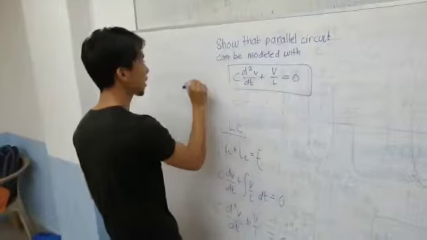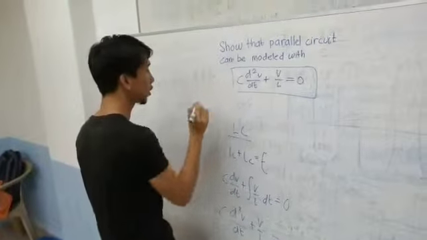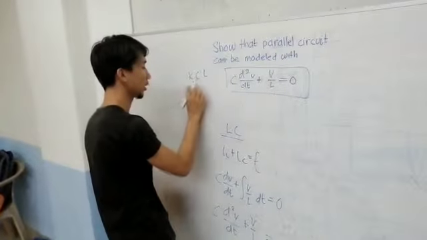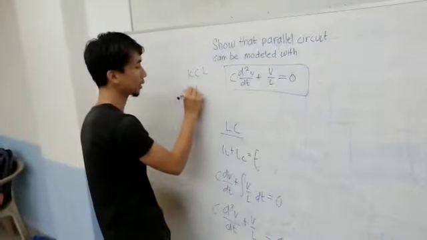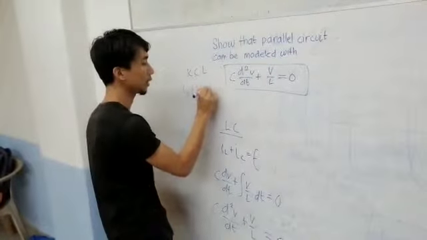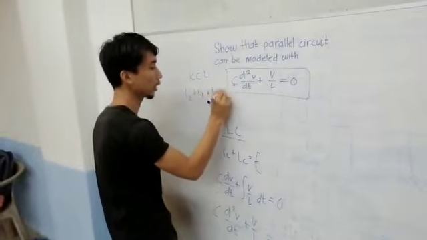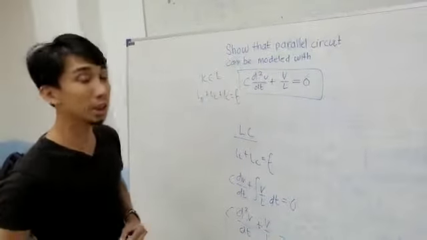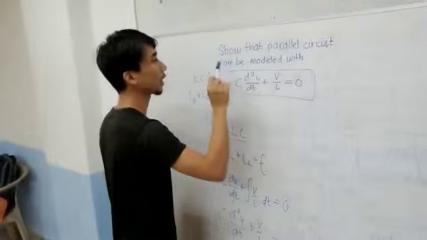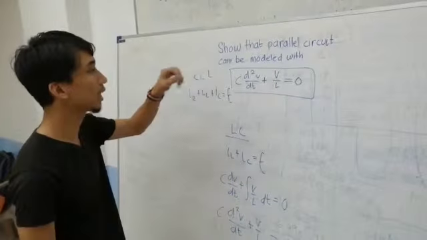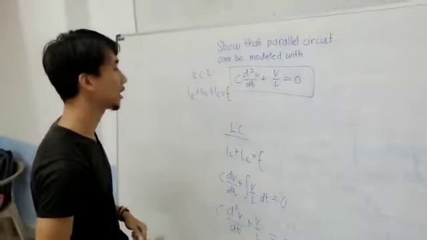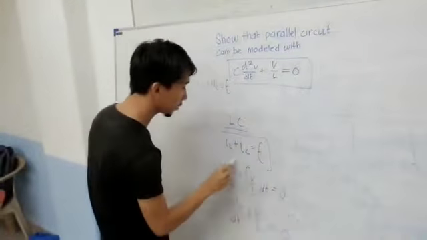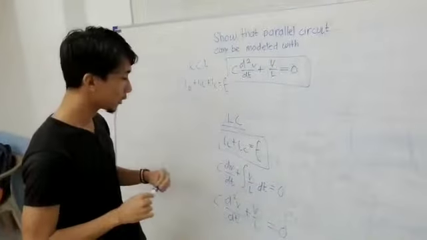As we know, Kirchhoff's current law states that IR plus IL plus IC equals to E. The question asks about the parallel circuit. The circuit that is given is the LC circuit, so this is the common equation that we should know.